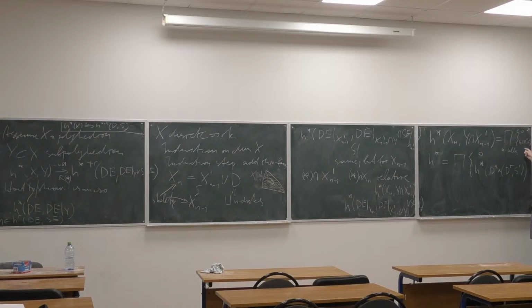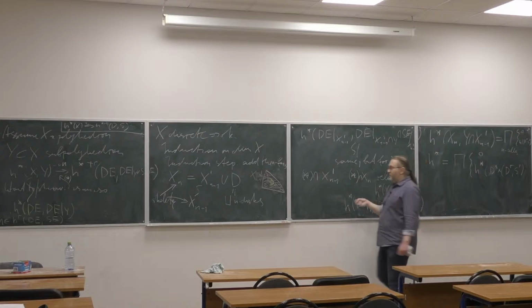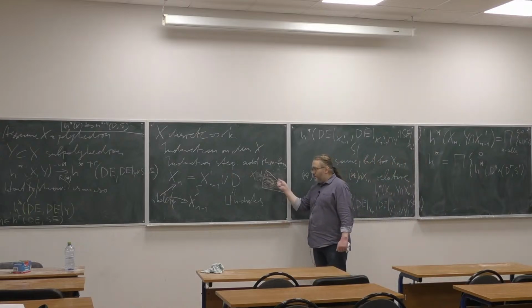So the first one is the direct product of D^n mod S^{n-1}, and the second one is, well, we take the n-disk, which is the yellow triangle here.